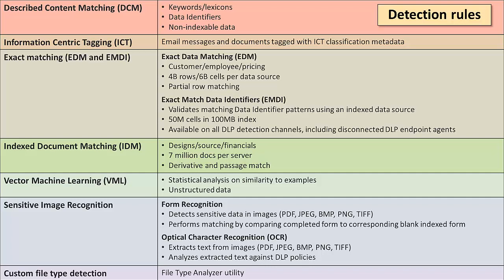These detection methods are shown here in this table and can include described content matching, or DCM, information-centric tagging, or ICT, exact matching, EDM and EMDI, indexed document matching, or IDM, vector machine learning, or VML, sensitive image recognition, which includes form recognition and optical character recognition, and custom file type detection. Each of these methods will be discussed in more detail later in this lesson.